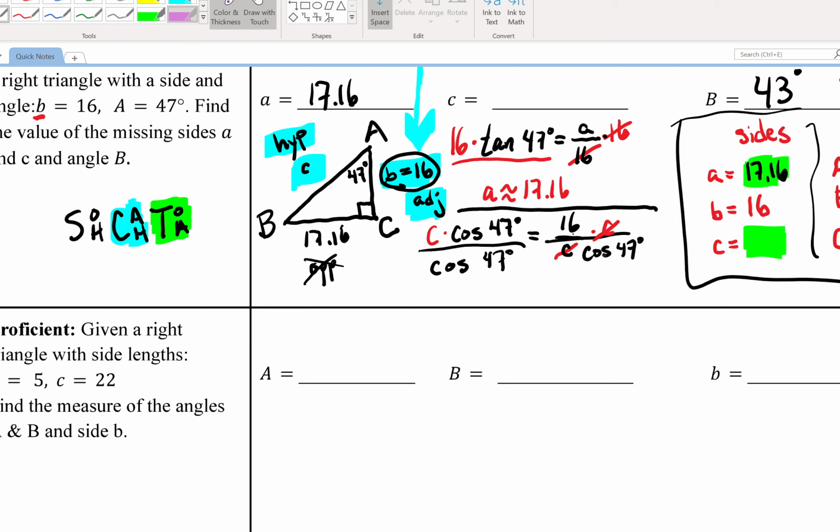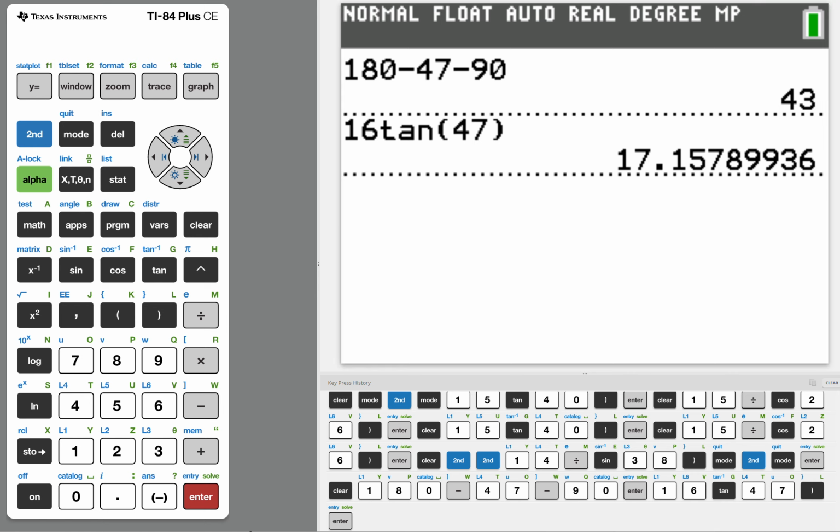And so I've got 16 over the cosine of 47, because over here these would cancel, and I've got C alone. So this is what I have in the calculator: 16 divided by the cosine of 47 degrees.